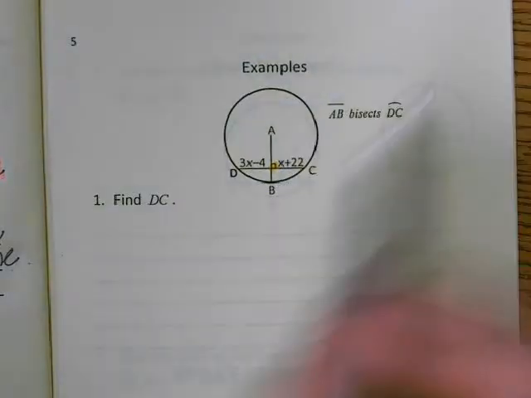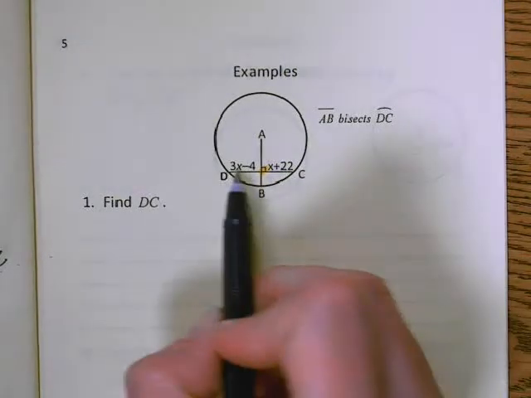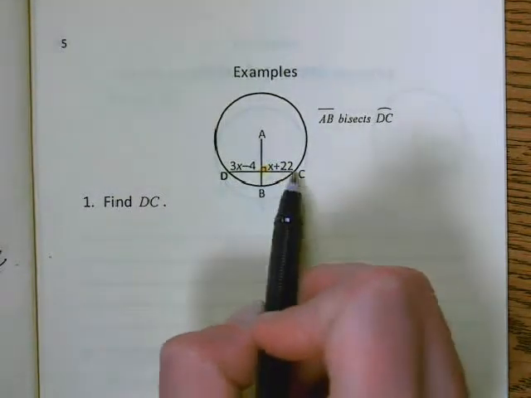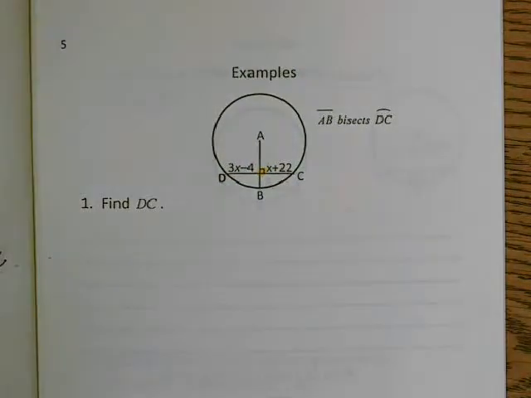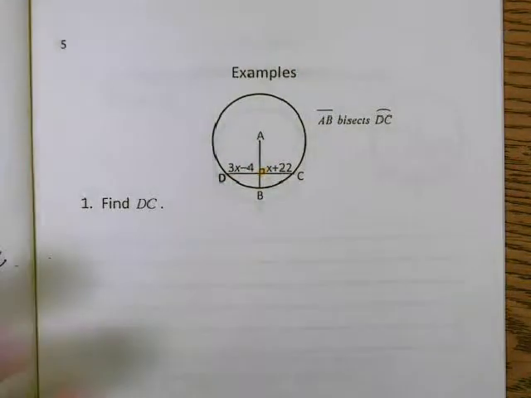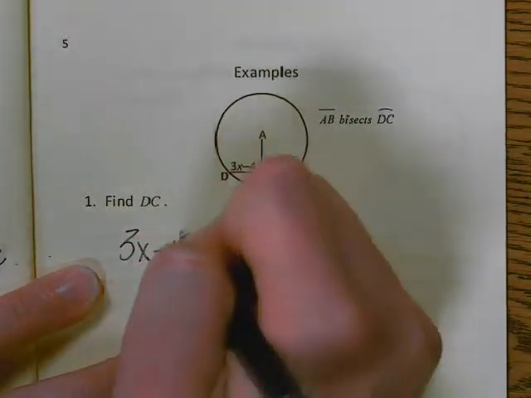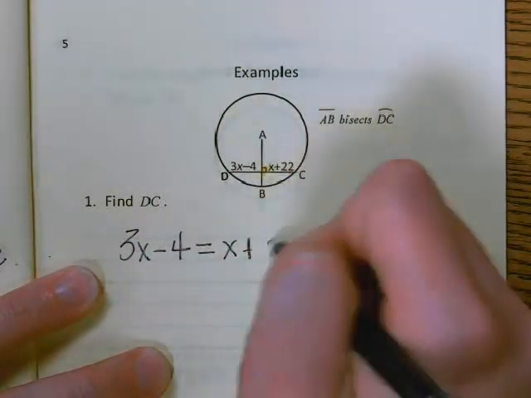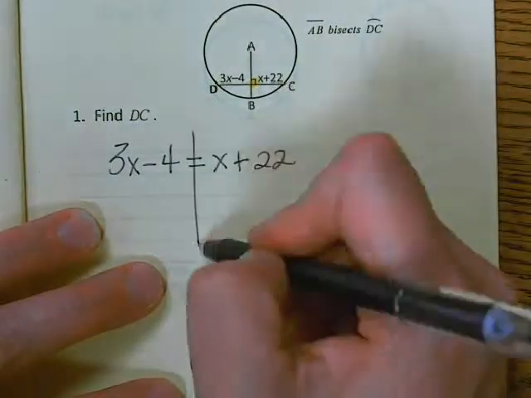So this is a radius intersecting a chord at a right angle. So what do I know about these two lengths? I know that these two lengths are congruent. Okay? Therefore, we say 3x minus 4 equals x plus 22, and we go ahead and solve that.